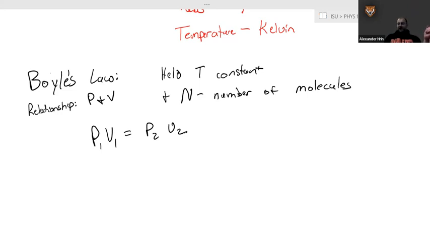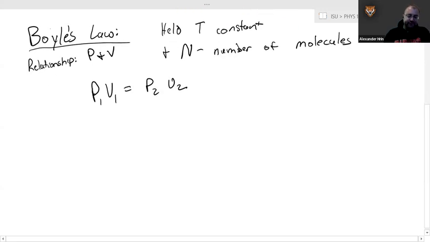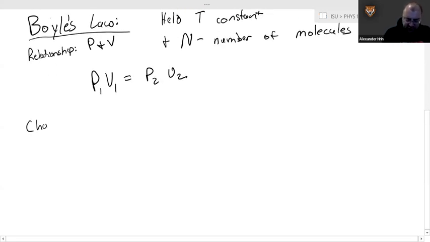And the idea is that as long as you hold it at a constant temperature, you don't let any gas in or out, you set the pressure to something by applying a known force to that piston. In that case, your pressure would just be your force divided by the area of your piston. And then you can see how the volume changes. Okay. So basically that's what he's seeing with Boyle's law. Now the next one was Charles's law.